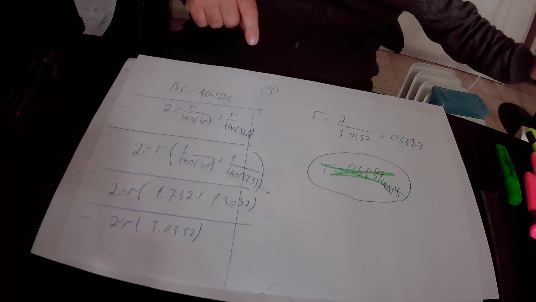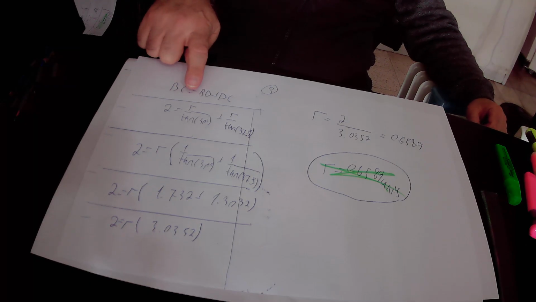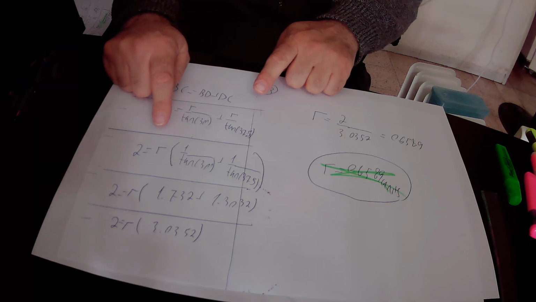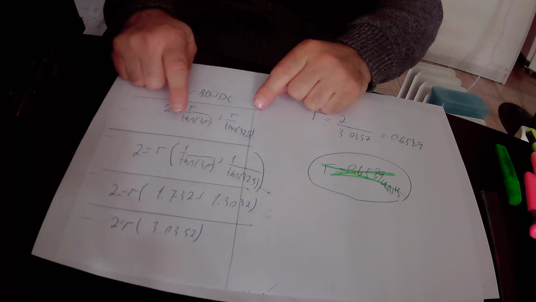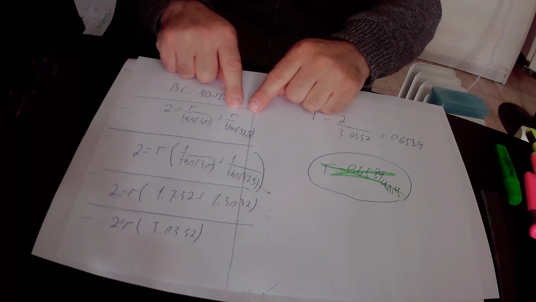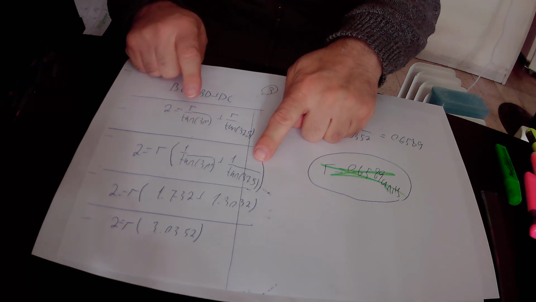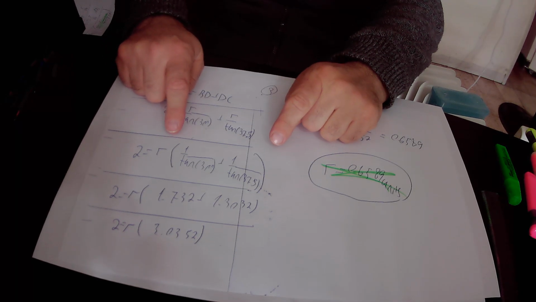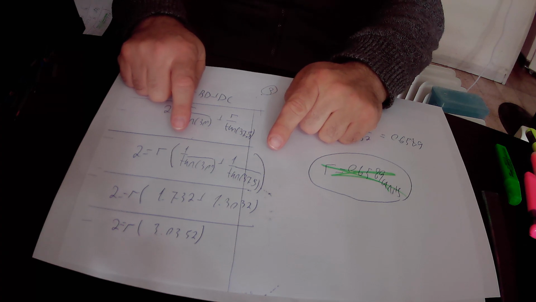So 2 equals, here we took out R as a common factor from those two expressions. Inside the brackets, from the first expression we are left with 1 over tan 30 degrees, and from the second expression we are left with 1 over tan 37.5 degrees.